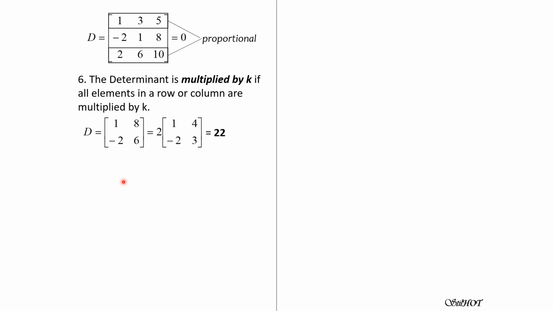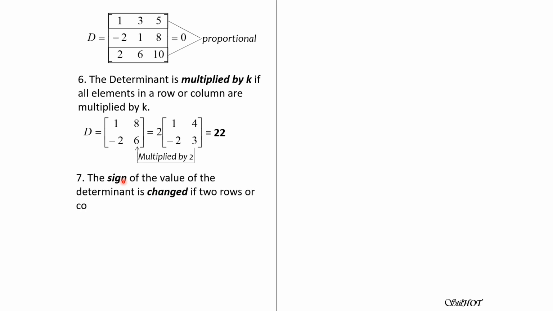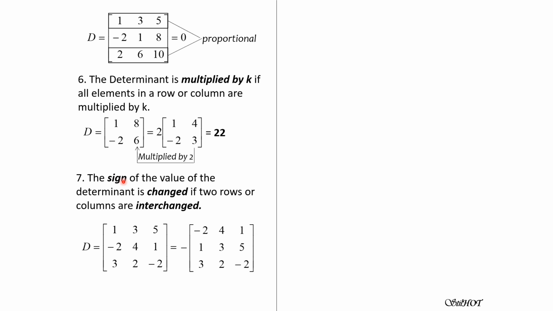Next, the sign of the value of the determinant is changed if 2 rows or columns are interchanged. So that's the next property. For instance, if we interchange rows 1 and 2 positions, then this is the original matrix.